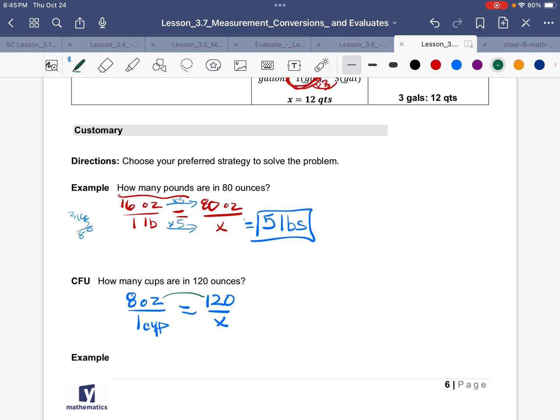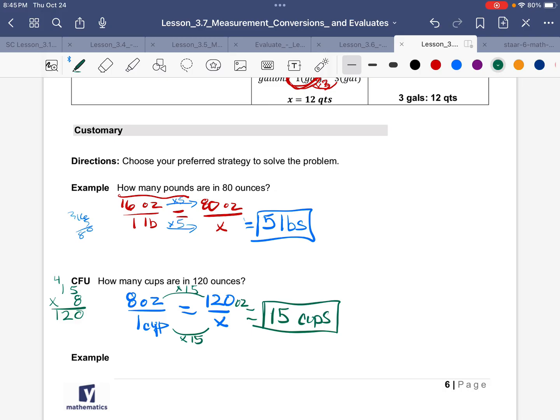So let's try 8 times 15. That is 120. So it will be times 15. And you have to do the same on the bottom. 1 times 15, so this is going to be equal to 15 cups. So 120 ounces is 15 cups.